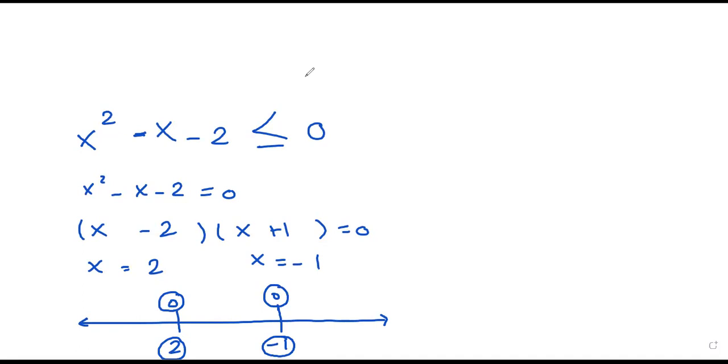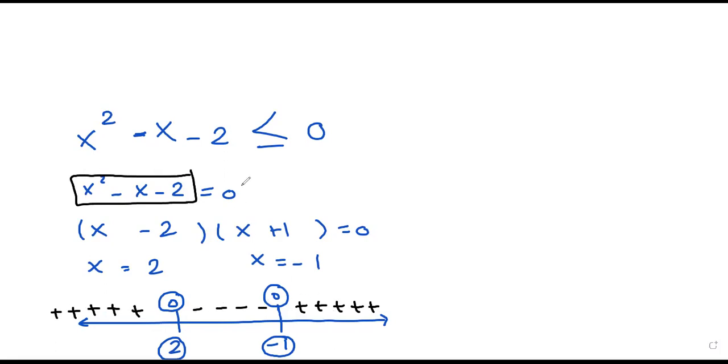And after that, take any value greater than 2 and substitute, like 100. 100 squared is 10,000 minus 100 minus 2. You will get a positive value. And on the left, you will get a positive value if you substitute any value less than minus 1, like negative 100, in this expression. And in the middle, negative.